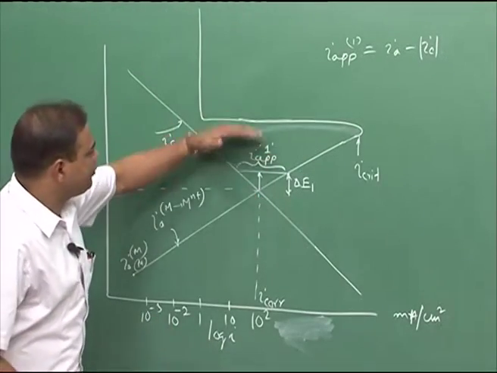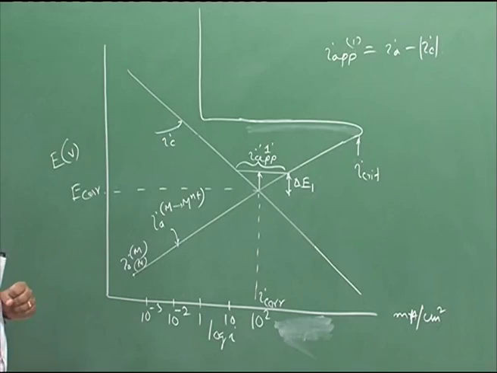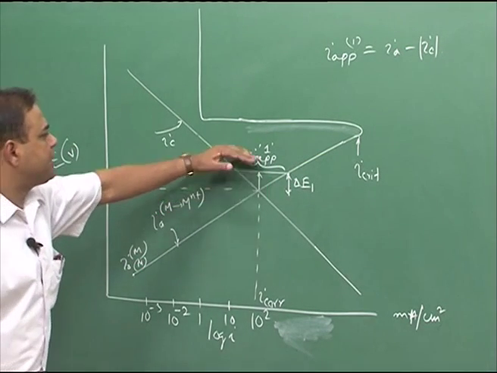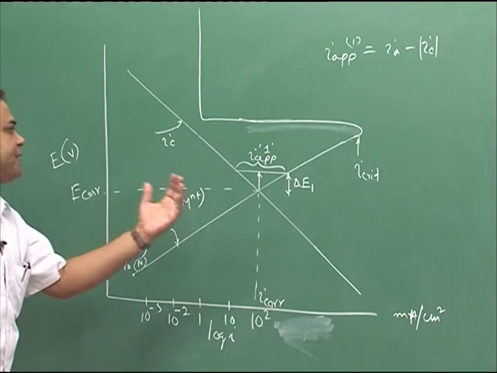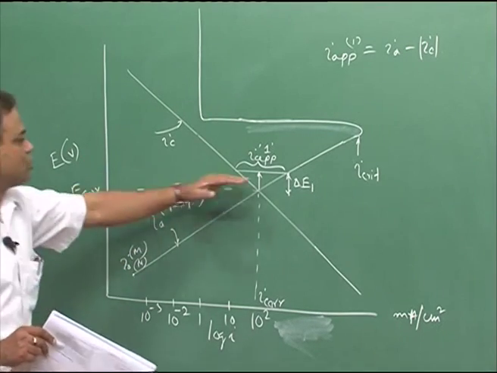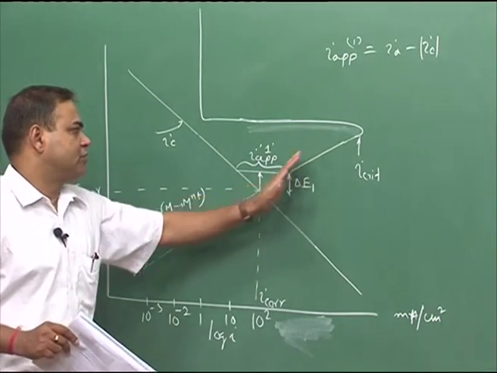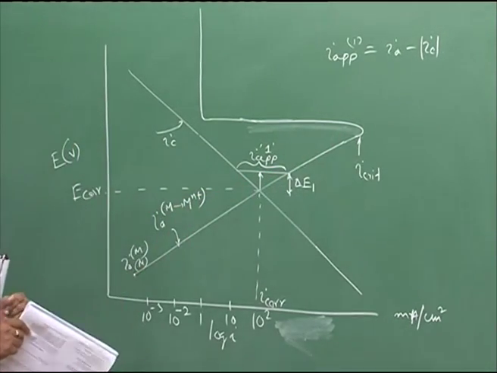If I keep going towards the positive direction, I see that IA is increasing and my I applied is also increasing. That means I need to spend a lot of current in order to go to the positive side, and we are not getting any benefit out of it, because IA is increasing.